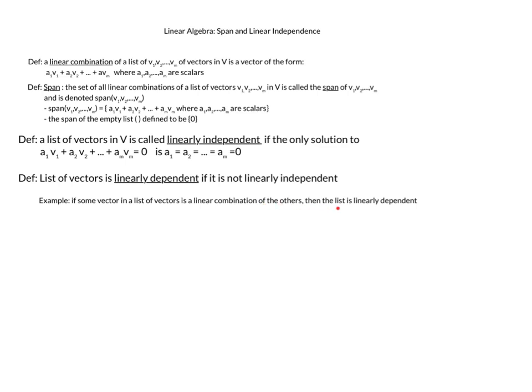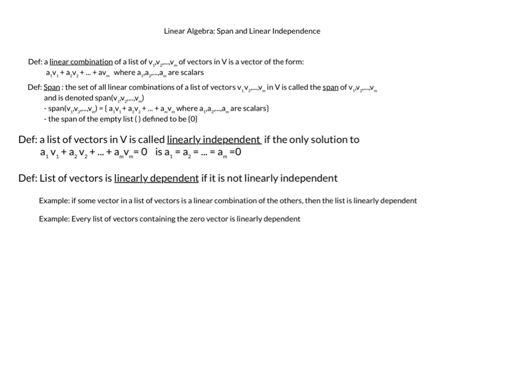So another example, if some vector in a list of vectors is a linear combination of the others, then the list is linearly dependent. And I'm going to let you try to prove that. But again, what you're going to use is the fact that one of the vectors can be written in terms of the others. So then you can have the one vector minus the way you write it in terms of other vectors, and you can equal it to 0.